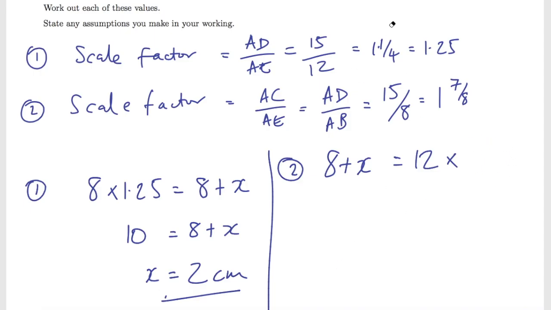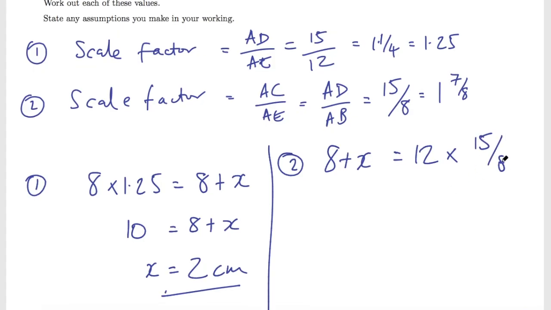It might actually be easier just to leave it as 15 over 8, because then what we can do is simplify, divide by 3, not divide by 4, 3.